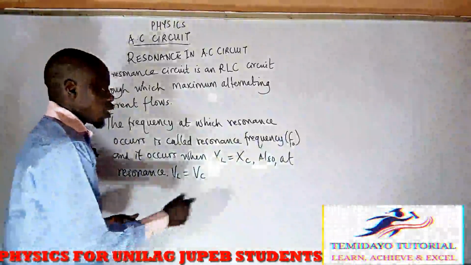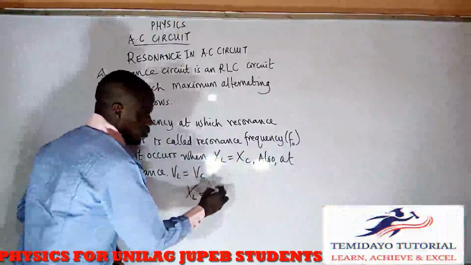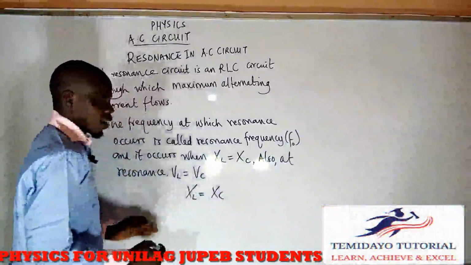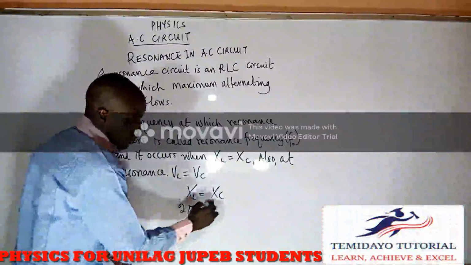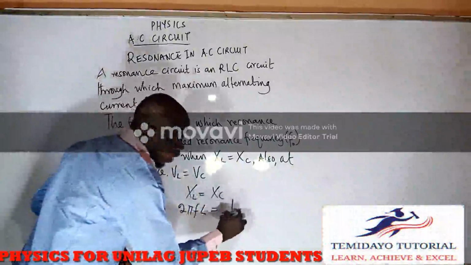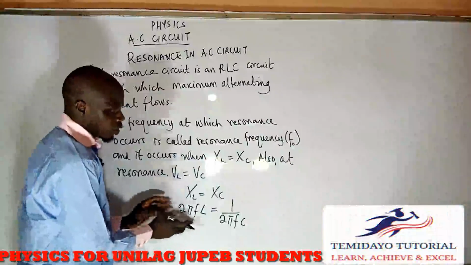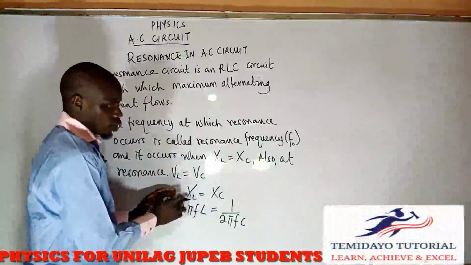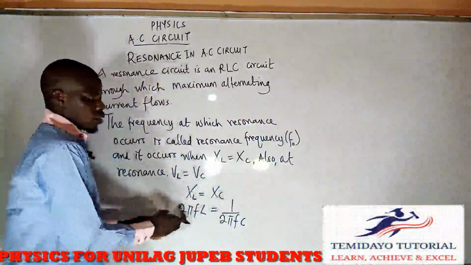So from what you have established here, XL equals XC. Our XL is equal to 2 pi fL, and our XC is equal to 1 over 2 pi fC. So the frequency at which the inductive reactance equals the capacitive reactance is what we refer to as resonance frequency.